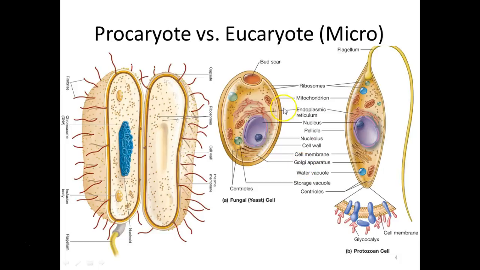Or a fungal cell, in this case it's a yeast cell. Notice that for eukaryotes, what's the defining characteristic that makes both these cells eukaryotic? The nucleus. So they both have a nucleus. They also both have a region within the nucleus referred to as a nucleolus, something that we're going to talk about. Not an organelle, but again, notice I said region.